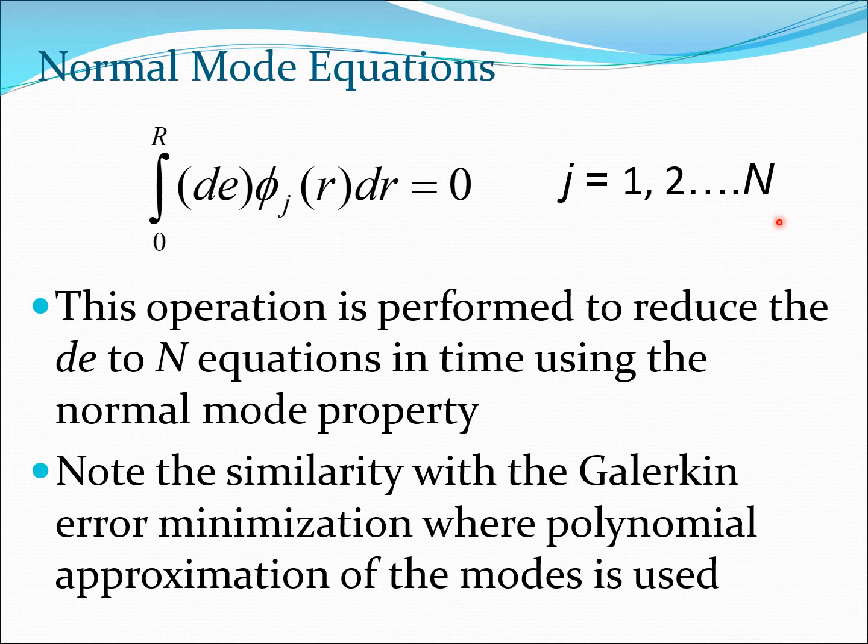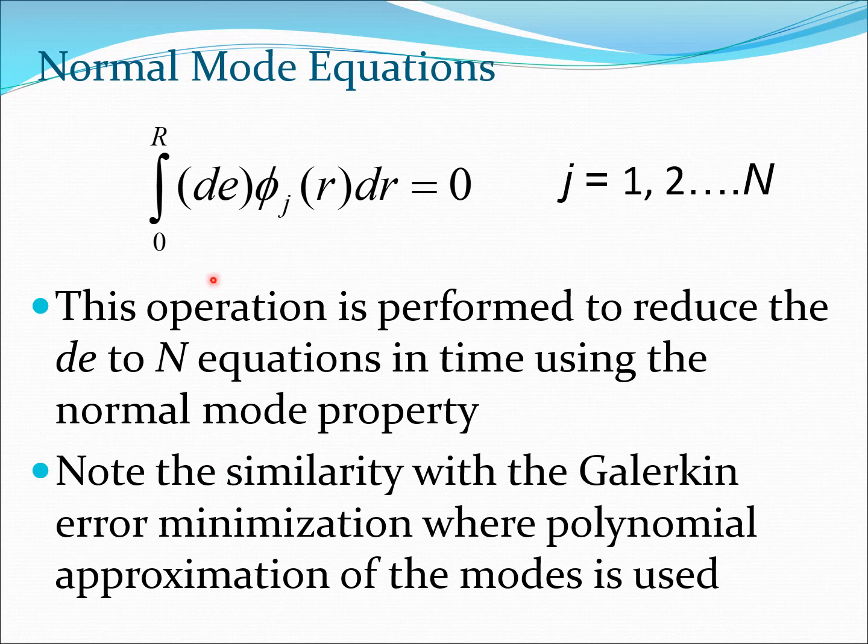So one of the reasons this operation is performed is to reduce the differential equation to n equations in time using normal mode property. And one of the things this integral is going to do, just like it did for the Galerkin method, is that it is going to remove the spatial part from this equation and only give you an equation in terms of time.